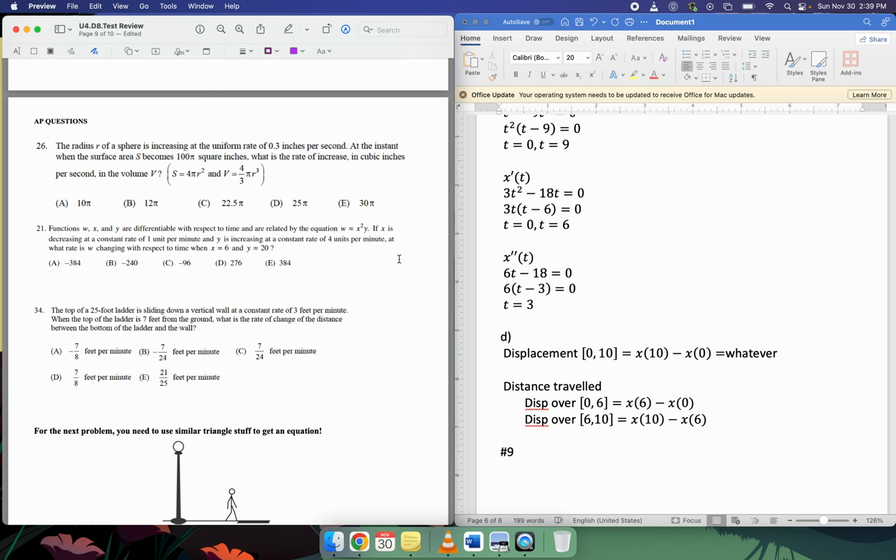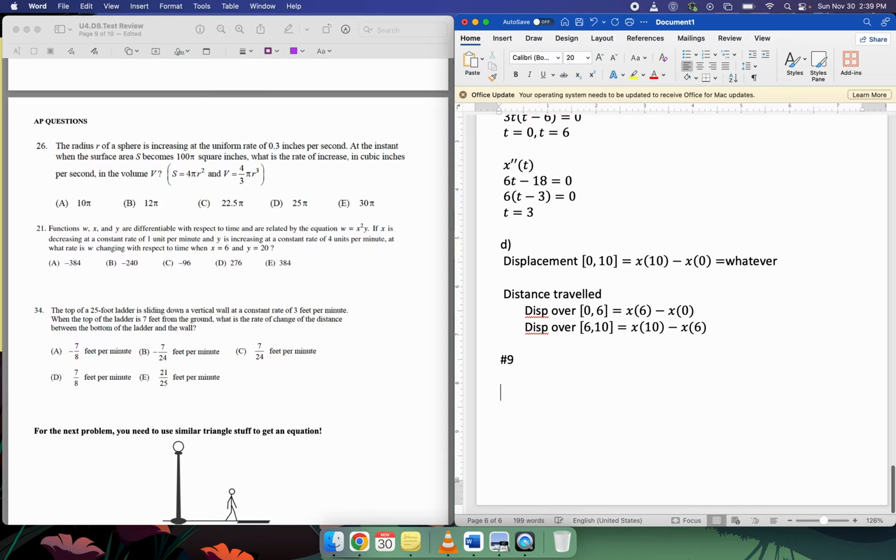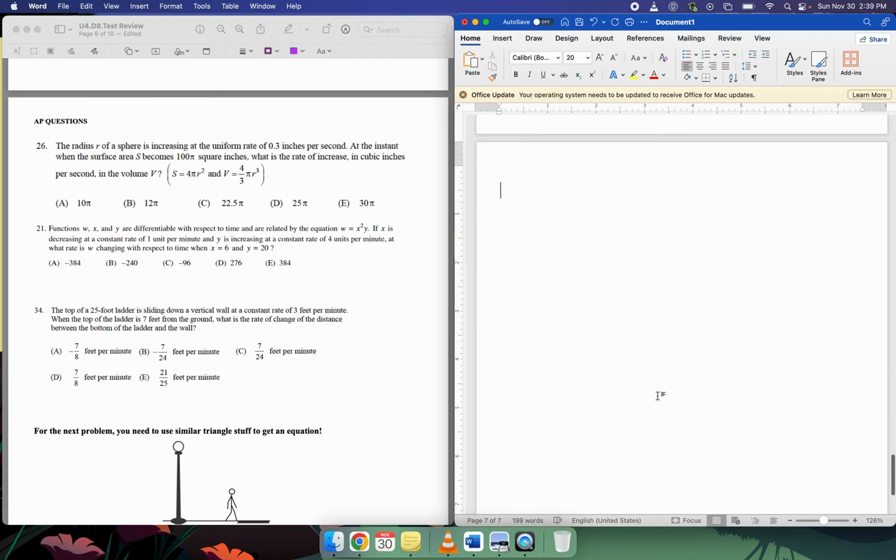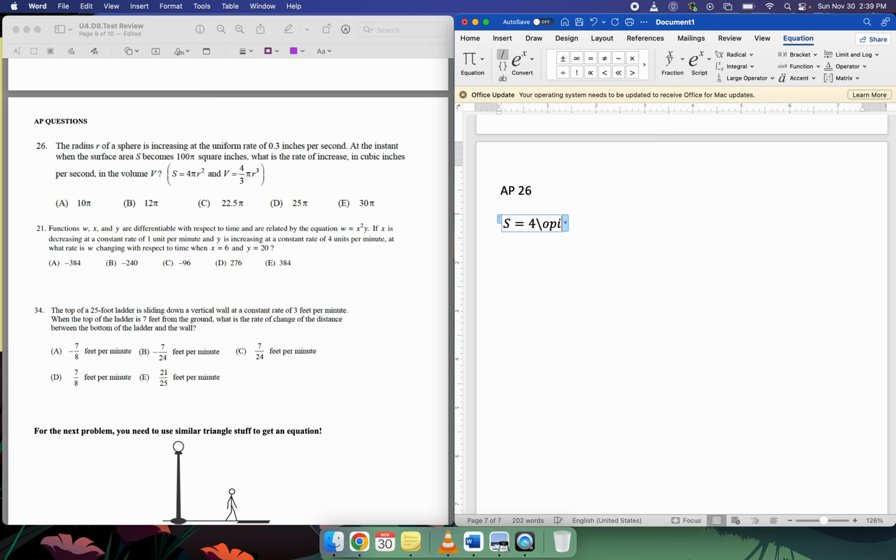The radius r of a sphere is increasing at the uniform rate of blah blah blah. At the instant when the surface area S becomes 100 pi square inches, what is the rate of increase in cubic inches per second in the volume V? Okay, so this is AP 26. Yeah, so we got these two formulas.